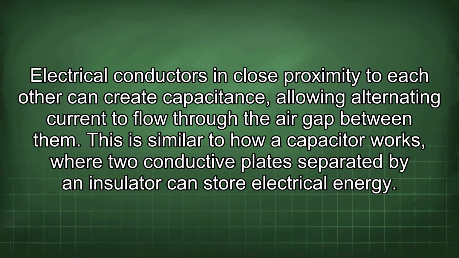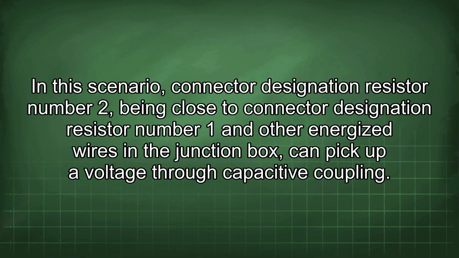This is similar to how a capacitor works, where two conductive plates separated by an insulator can store electrical energy. In this scenario, connector designation resistor number 2, being close to connector designation resistor number 1 and other energized wires in the junction box, can pick up a voltage through capacitive coupling.